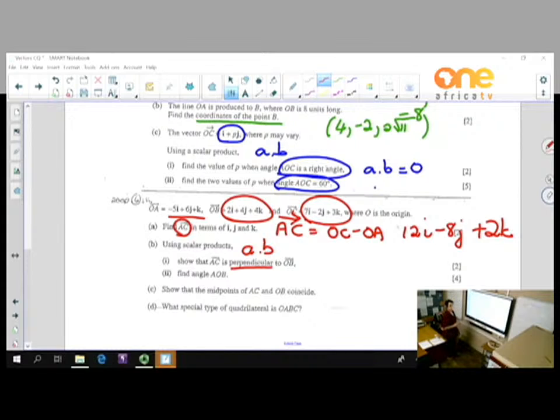When will they be perpendicular? If A dot B is equal to 0. So I'm using now AC, this one, and OB, those two.